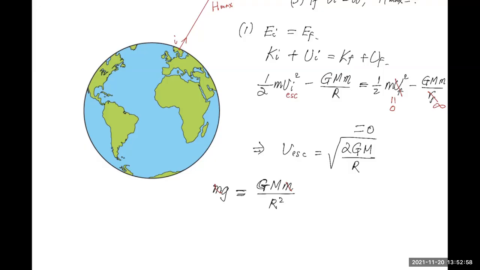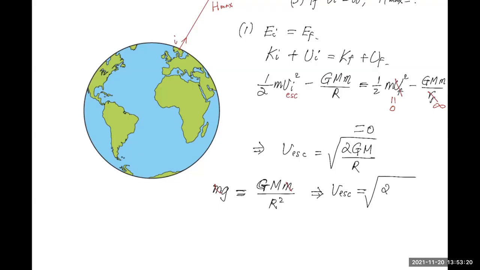Okay, and that allows us to find the escape velocity in a simpler expression. It is then equal to the square root of, okay, G times M equals small g times R squared, and there's a 2 here.